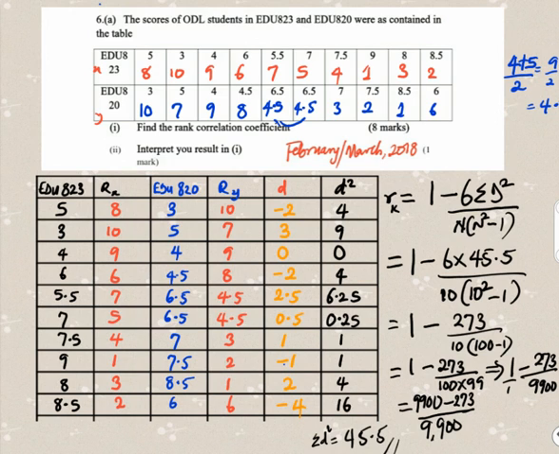Okay, and this will be equal to 9,900 minus 273, and we are going to have 9,627, and we divide it by 9,900.